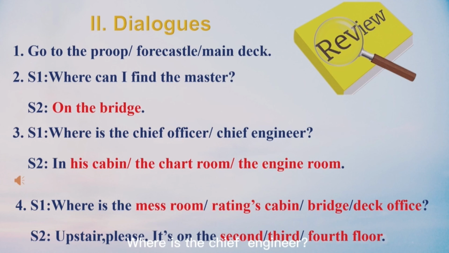Where is the chief engineer? In the engine room. 4. Where is the mess room? Upstairs, please. It's on the second floor. Where is the readings cabin? Upstairs, please. It's on the third floor. Where is the bridge? Upstairs, please. It's on the fourth floor. Where is the deck office? Upstairs, please. It's on the fourth floor.